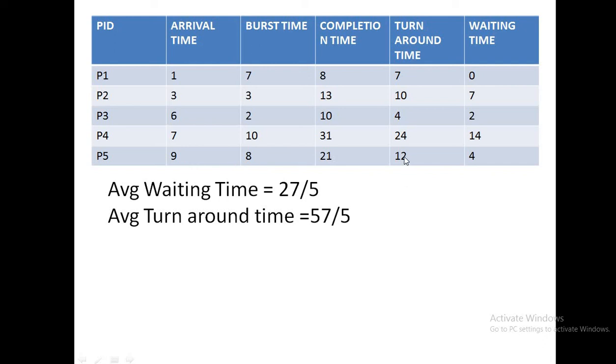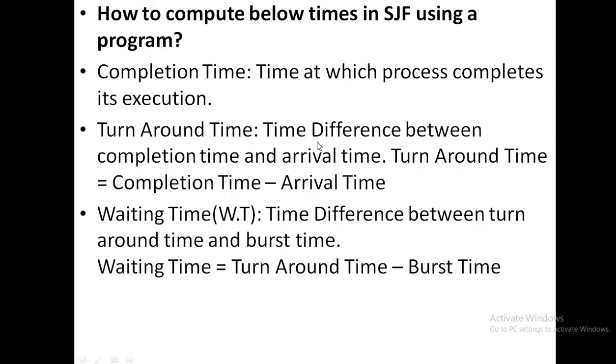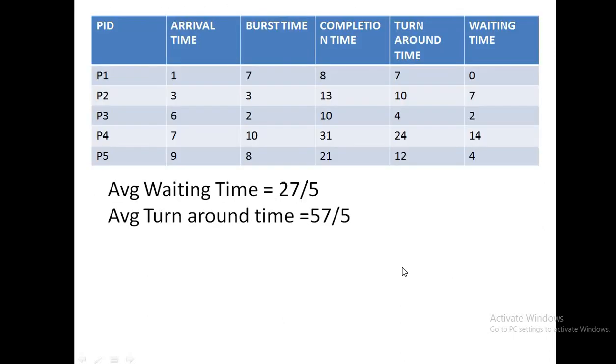Okay. Next, we have to calculate the waiting time. The formula for waiting time is turnaround time minus burst time. So the waiting time for P1 is 7 minus 7, turnaround time minus CPU burst time, that means 0.